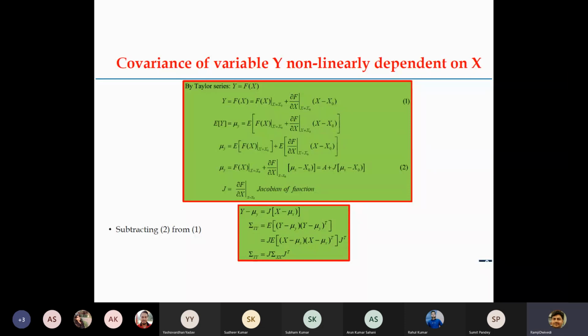You have to give me mu z as well as sigma zz. I'm again repeating. The z is given as 2x1 plus x2. Now you have to give me mu z as well as sigma zz.